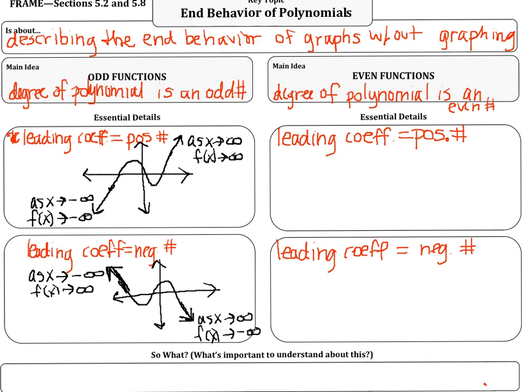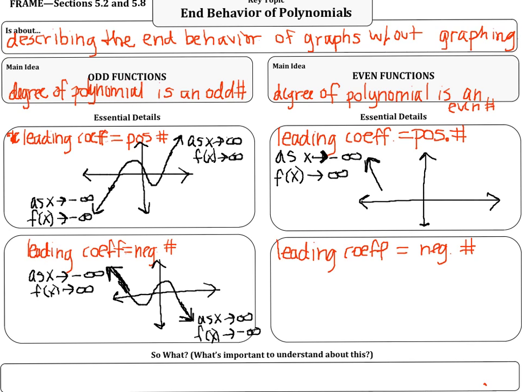So let's look at the top one first. If our leading coefficient is a positive number, then what we know is that as x goes to negative infinity, so as x gets smaller, our function f of x goes to positive infinity. So if my graph looks like this, here's my coordinate plane, the end is going to look something like this on the left side if our degree is even.